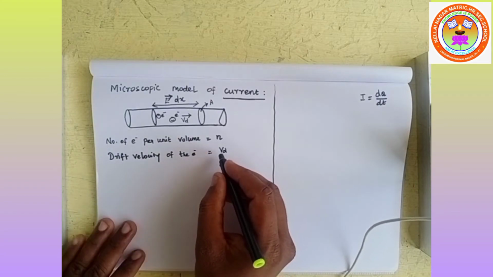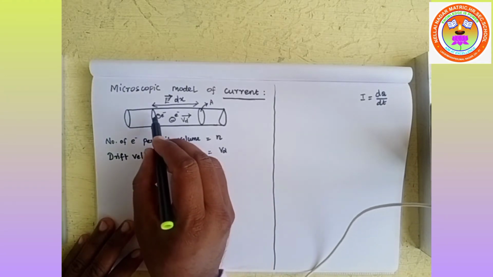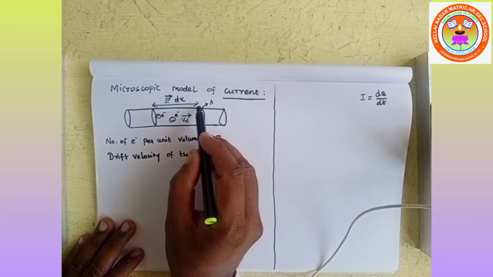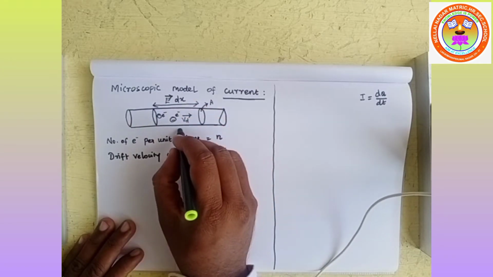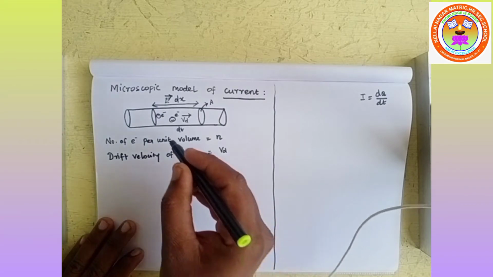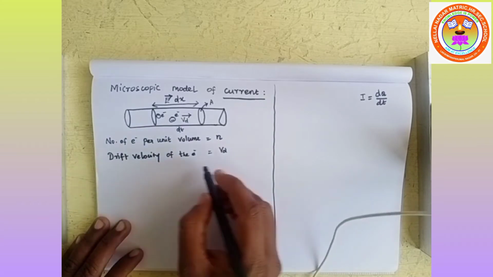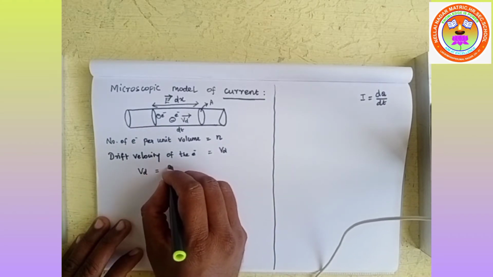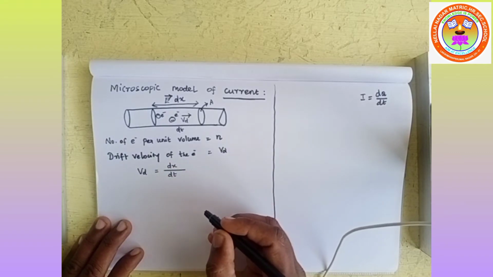By using this concept, we are going to calculate the drift velocity. When the electric field is applied, the electrons move from this point to this point, covering the distance dx in a time dt. So the drift velocity Vd is equal to displacement divided by time, that is dx divided by dt.